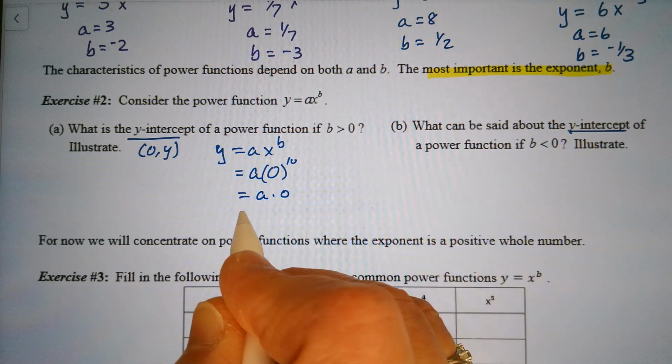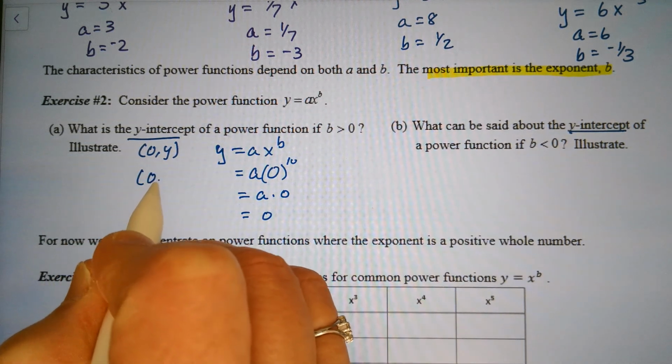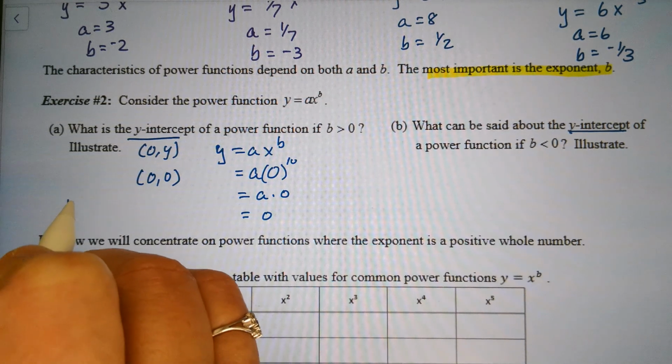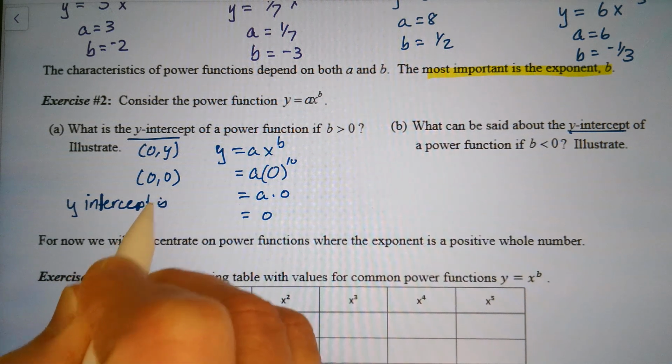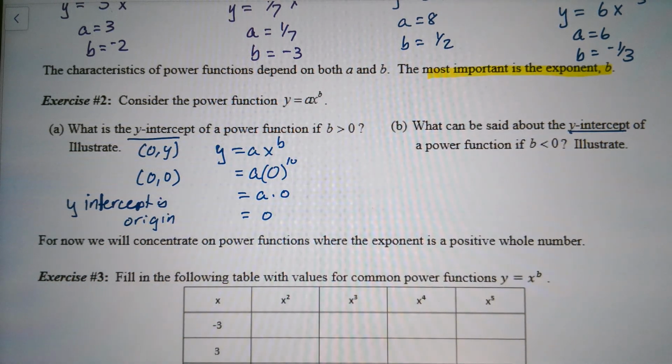A times 0 is going to be 0. The y-intercept is the origin. As long as the power is greater than 0, the y-intercept is going to be the origin for a power function.